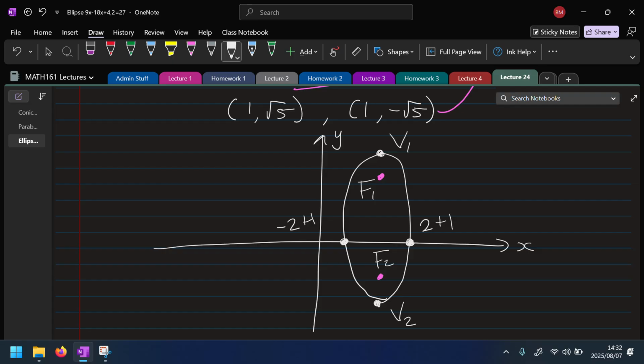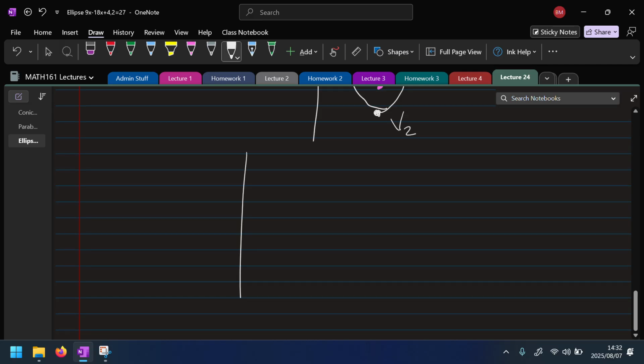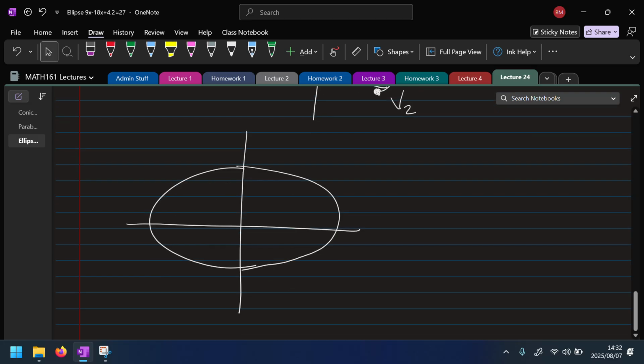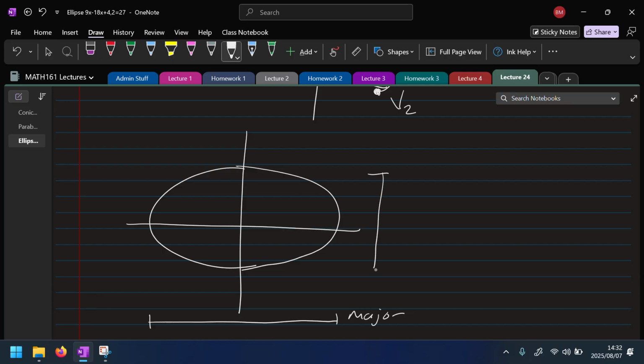No questions. Again, just keep in mind if you have some general ellipse, something like that, this one is stretched along x, so that would be the major axis, and the other one is the minor axis.